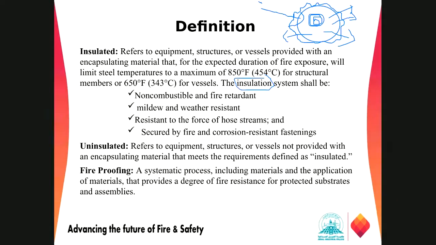It should be non-combustible and fire retardant, meaning it cannot catch fire, and it will resist the fire when exposed to fire, and be resistant to the force of hose streams. If there is a fire in this area and someone wants to use a fire hose from the hydrant or monitors, that force cannot damage this insulation. And it should be secured by fire and corrosion resistant fastening.